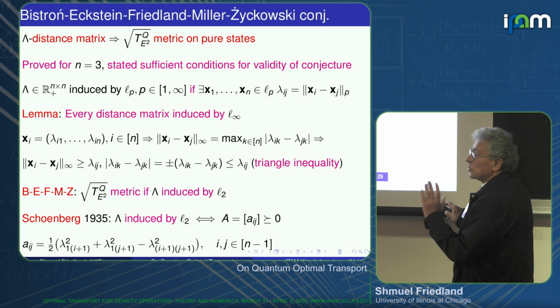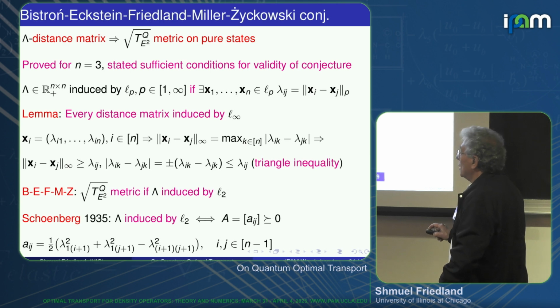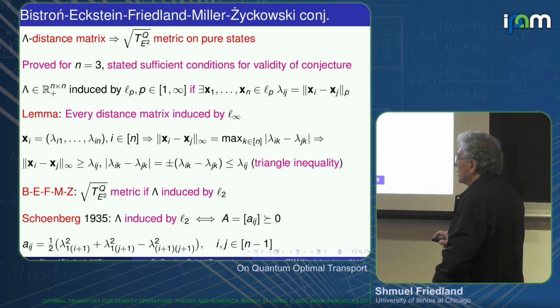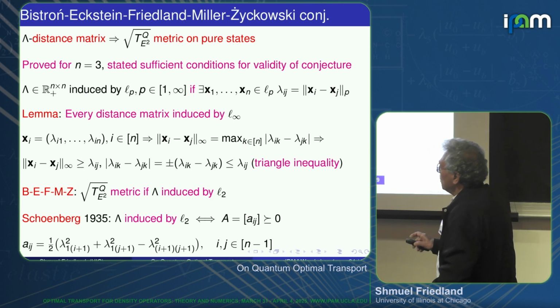Every distance is embedded in L infinity, it's a small proof. But what we showed in this later paper, by Bistron, Eckstein, myself, Miller and Zyczkowski, is that if the lambda ij is induced by L2, then it is a metric.